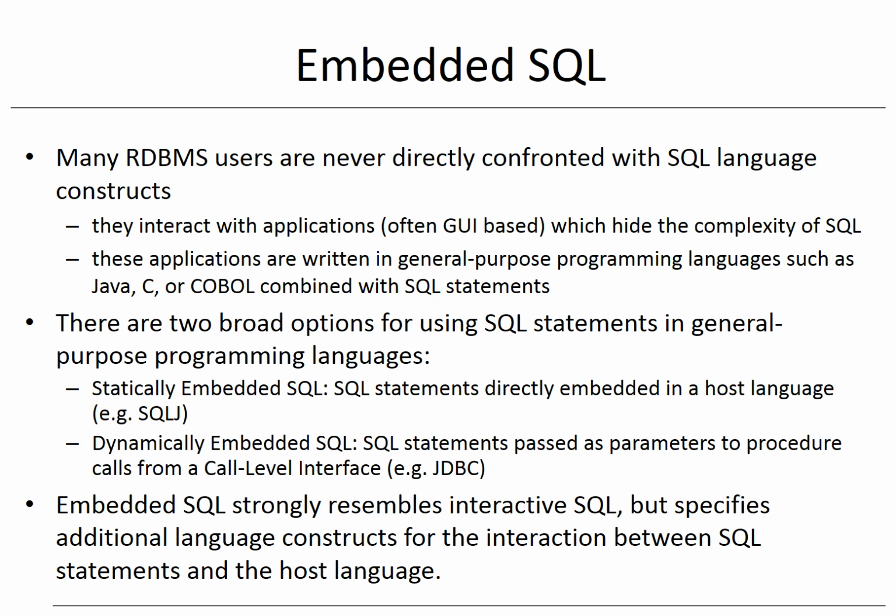In dynamically embedded SQL, the SQL statements will be passed as parameters of procedure calls using a call level interface. A popular example of this approach is Java Database Connectivity, or JDBC, which provides a set of procedures that allow a Java host program to communicate with a relational database.